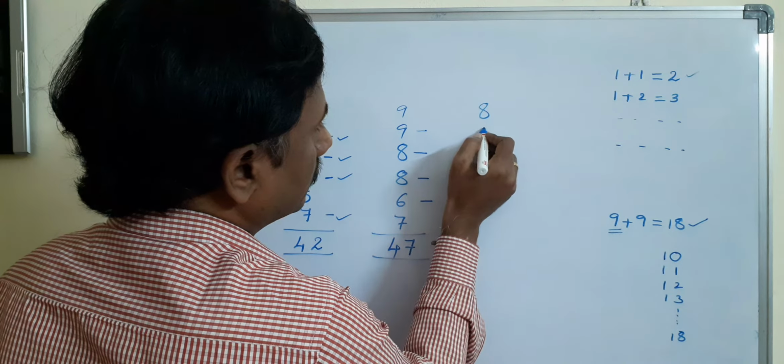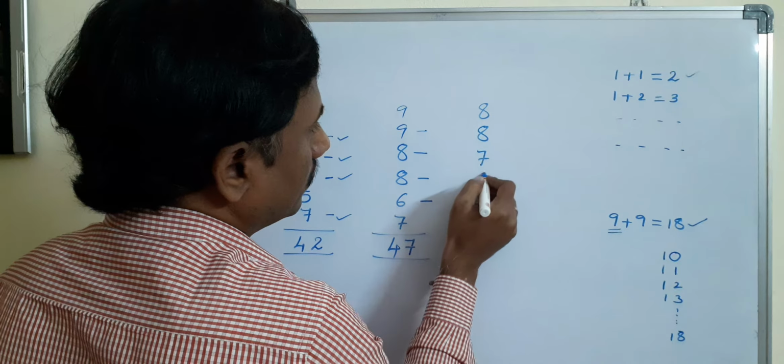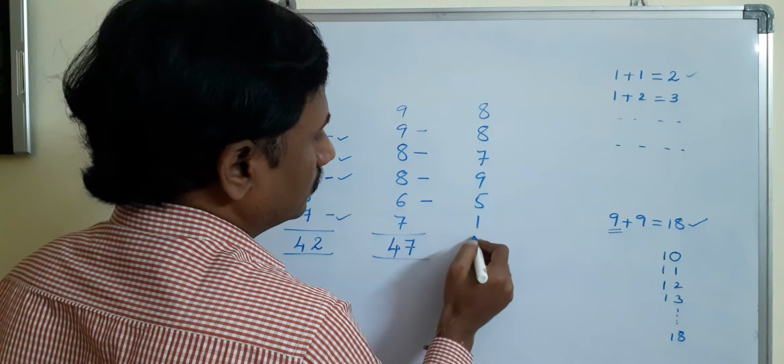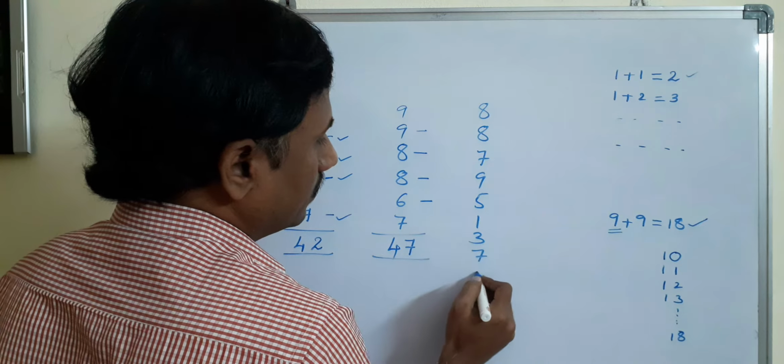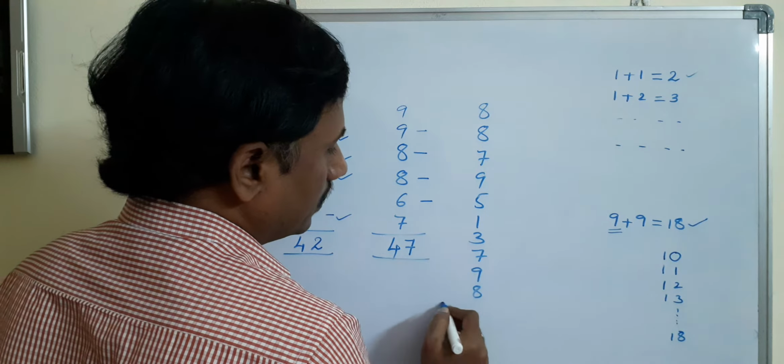One more example: 8, 8, 7, 9, 5, 1, 3, 7, 9, 8, like this for example.